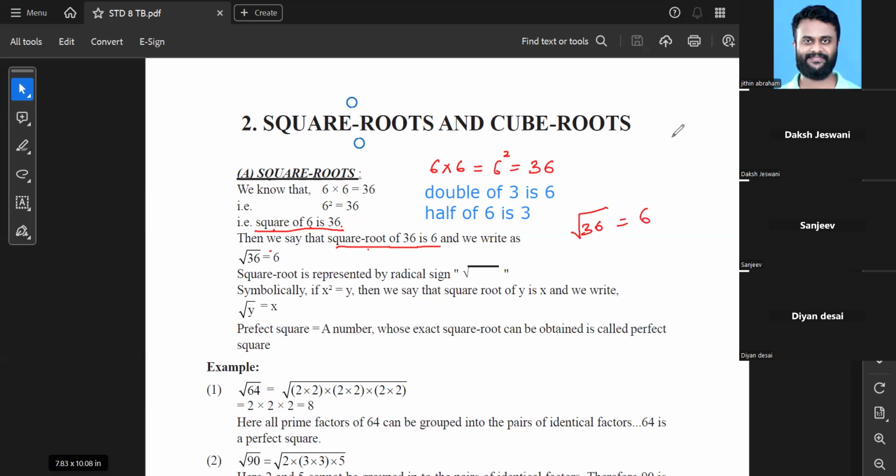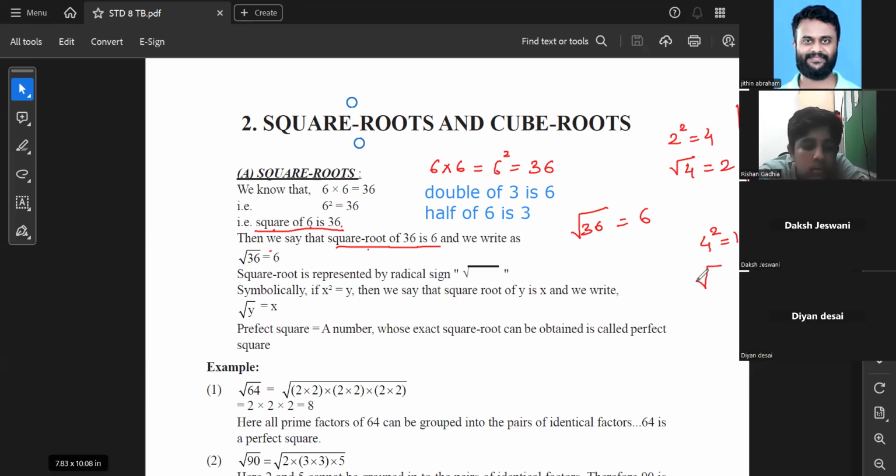Similarly, 2 square is 4, so square root of 4 is 2. 3 square is 9, square root of 9 is 3. 4 square is 16. Now tell me, what should I write in the second line? Square root of 16 is 4. Wonderful. So basically, it's the inverse or the reverse of whatever squaring we have done.